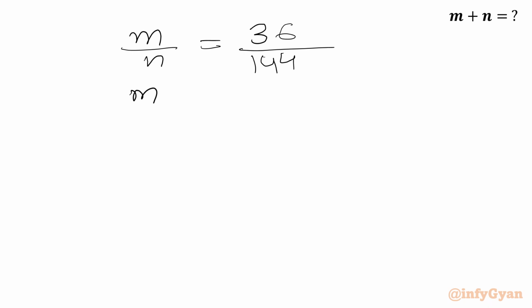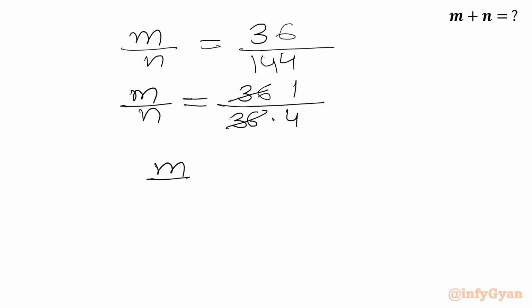Now I can factor 144, or we can directly cancel 36 and 144. So I will write here 36 over 36 times 4. 36 times 4 is 144. Now 36 will cancel out, we will write here 1. So we are getting the m over n value equal to 1 over 4.